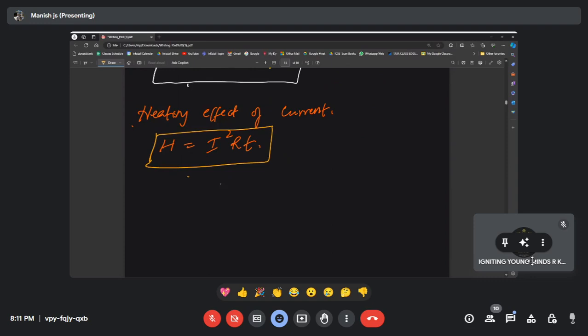Same thing now when I express it in terms of potential difference, appropriately it is going to change.